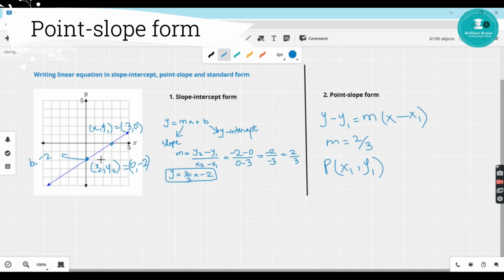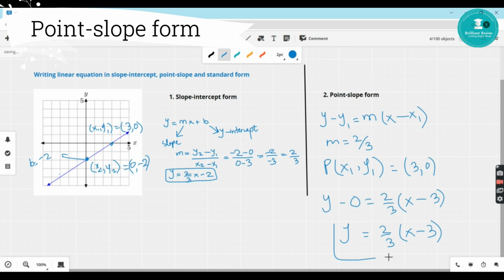We have so many points on this line, we can choose any point. I'm going to choose the first one, that is 3 and 0. X is 3 and y is 0. Now I'm going to plug in x1, y1 and the slope into the general form. Y minus y1, that is 0, equals m, 2 by 3, times x minus x1, that is 3. We can simplify. Y minus 0 is just y, equals 2 by 3 times x minus 3. Okay, we got the answer in point-slope form as well.